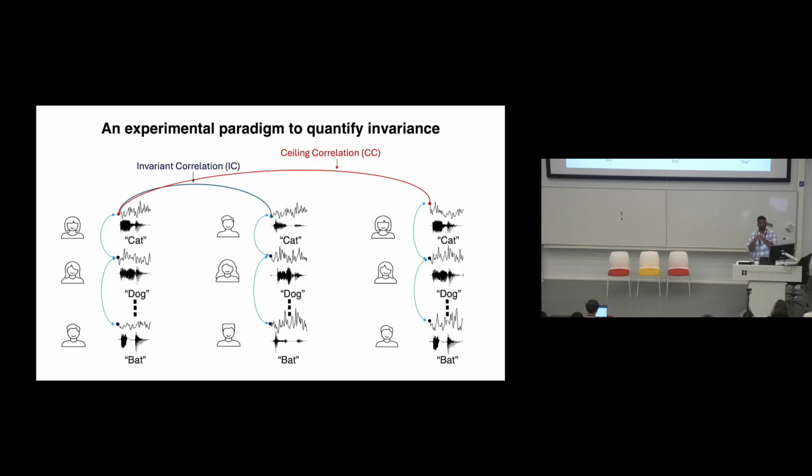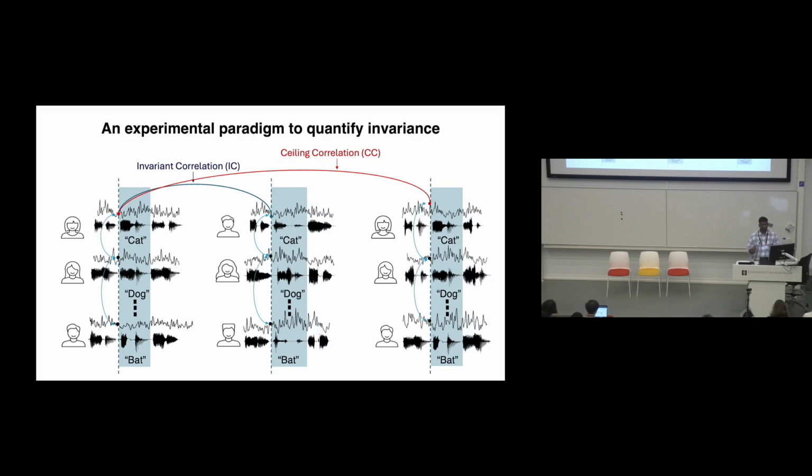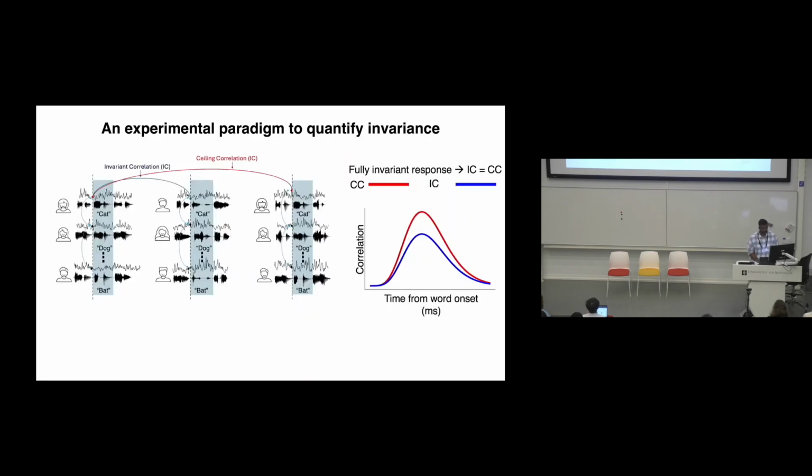The ceiling correlation gives us a metric to compare our IC against to see how invariant the response is. These are all aligned at onset, and these are not presented in isolation. They're presented in random context so that we can make sure that this correlation is indeed reflective of the shared information that is being presented, in this case, same words by different speakers.